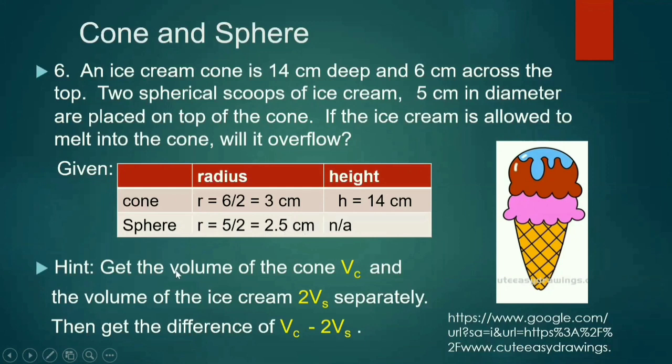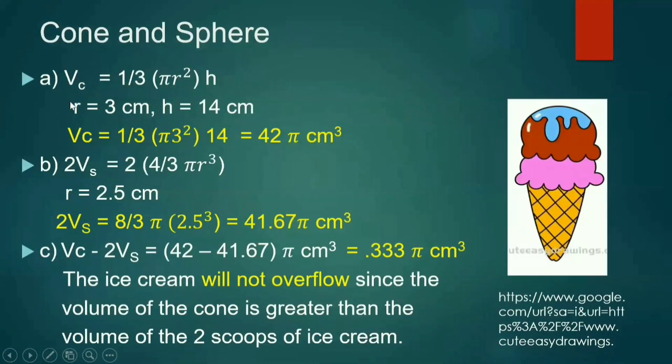And we will get the volume of the cone and the volume of the 2 scoops of ice cream separately, and then get the difference between the two. So for the volume of the cone, we have the formula 1/3 pi r squared h, and the volume of the cone is equal to 42 pi cubic centimeters.